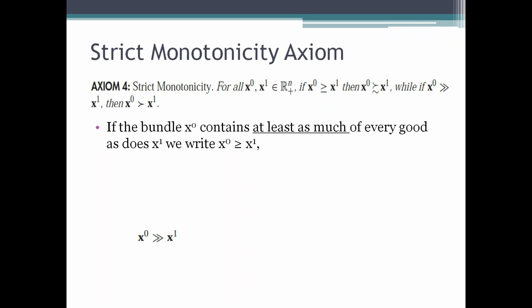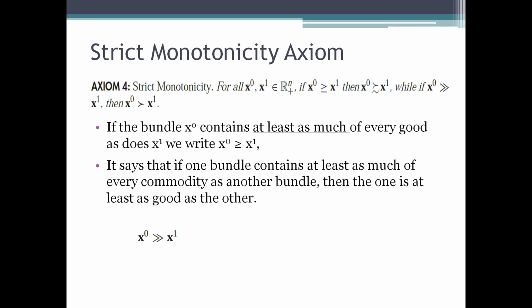We have X node and we have X1, two different consumption bundles. Let's assume that we have 3 commodities in every bundle. If in X node, 2 commodities have the same quantities as X1, but the third commodity has a much higher quantity than X1, what will I say? I will definitely say that X node is at least as preferred as X1.